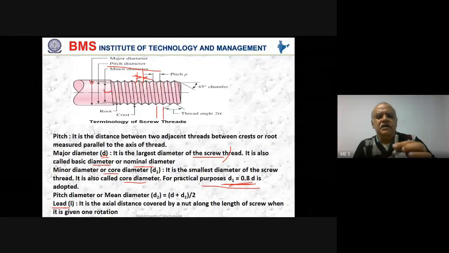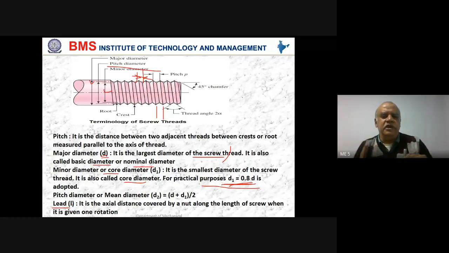That axial distance covered by the nut along the length of the screw when it is given one rotation, I am holding this and giving one rotation to this. When I give one rotation, the axial distance covered here is called the lead of the screw.